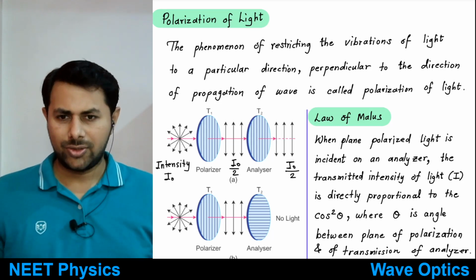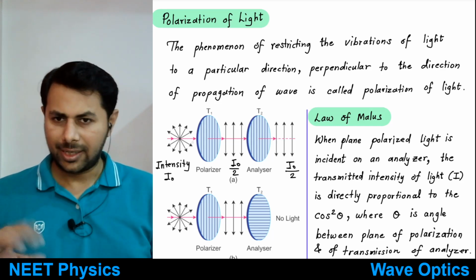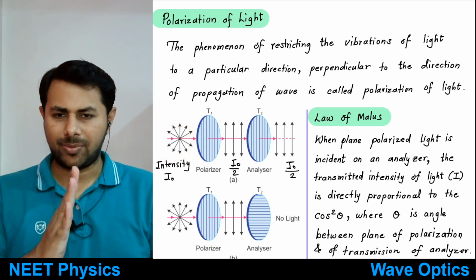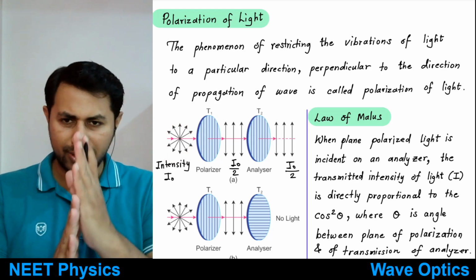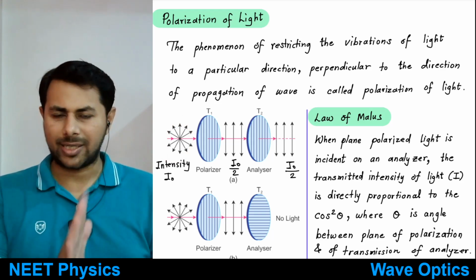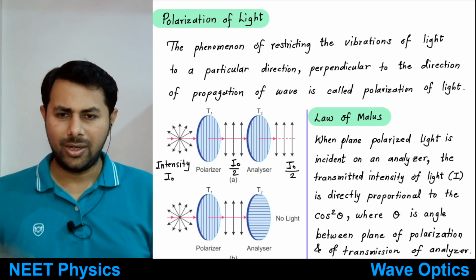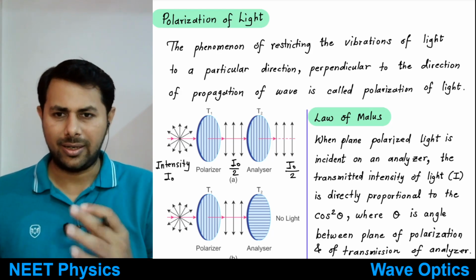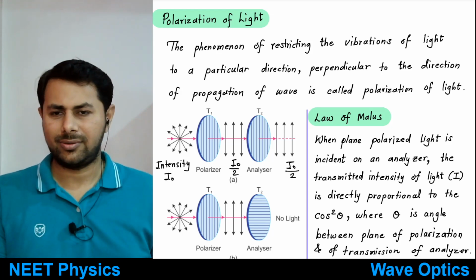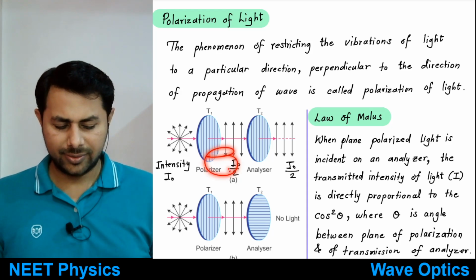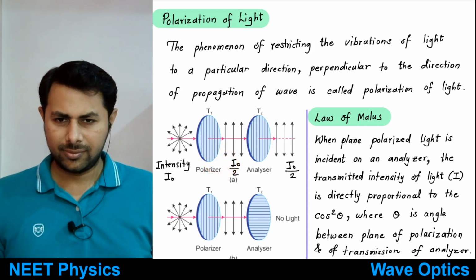And therefore half of the light is blocked and half of the light is allowed to pass. Is this clear?